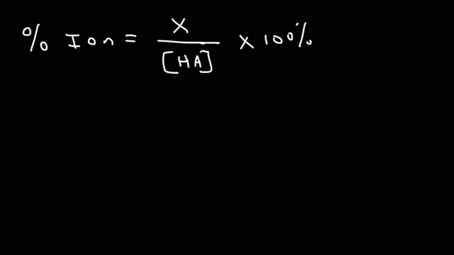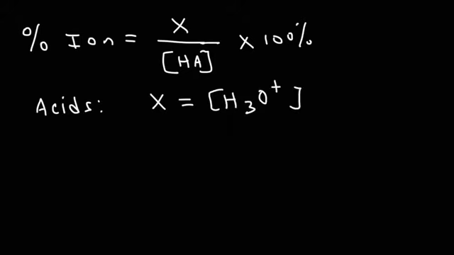X represents the amount of acid that is dissociated. And when dealing with acids, for the most part, X is usually the H3O plus concentration. So you can find it from doing an ICE table, or if you know the pH, you can find it that way as well. When dealing with weak bases, X is usually the hydroxide concentration.